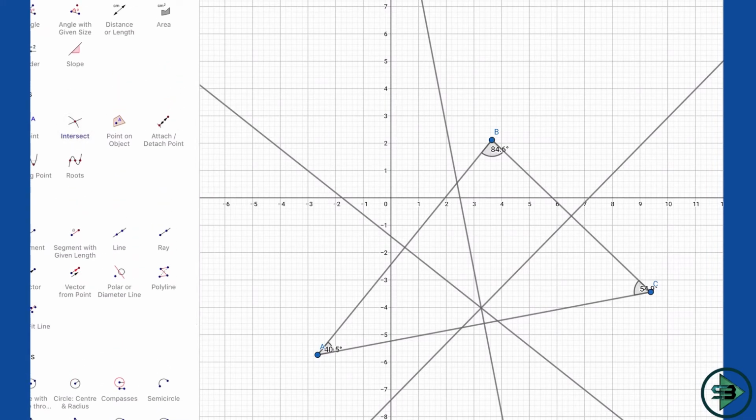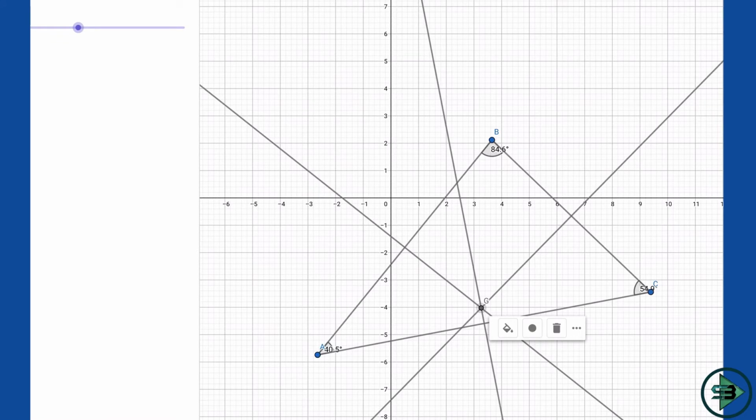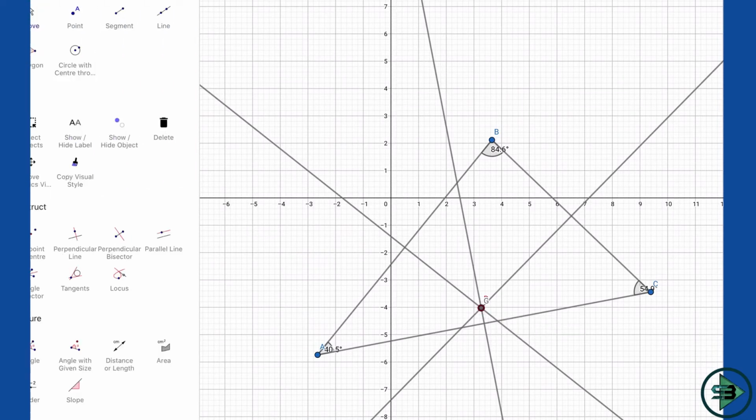So let's take the intersection point of all, and I'm calling it, say, let's give it a red color. Okay, this is my intersection point of the perpendicular bisectors, which is a circumcenter.